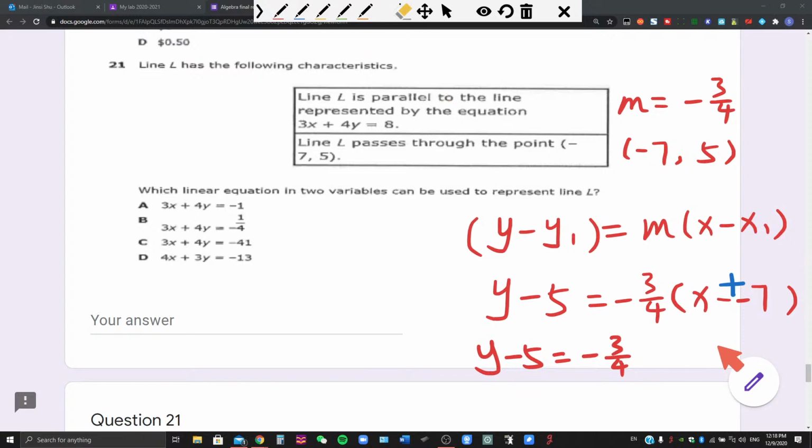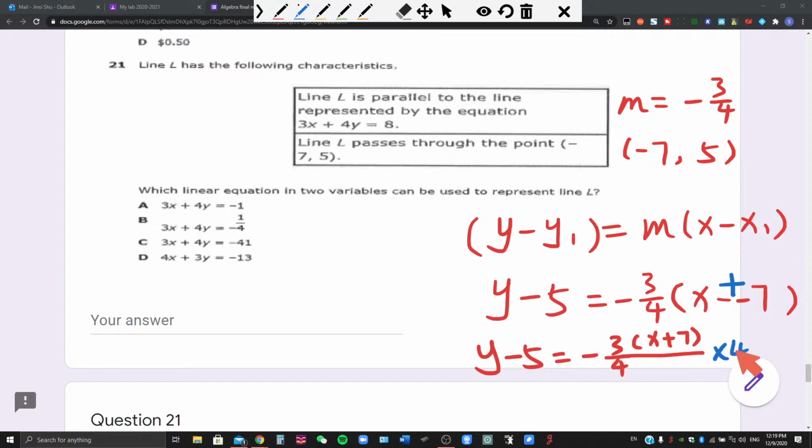We can multiply by 4. The reason why we multiply by 4 is we have a 4 divide. We want to do the reverse. You divide by 4, we multiply by 4. So they will cancel each other.